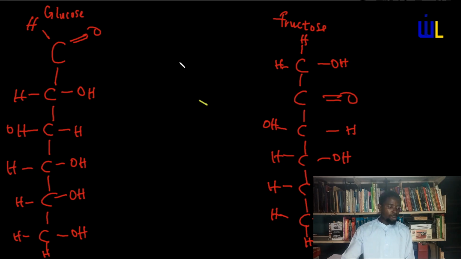So if we are to give the IUPAC nomenclature of glucose, let's number it: 1, 2, 3, 4, 5, 6.